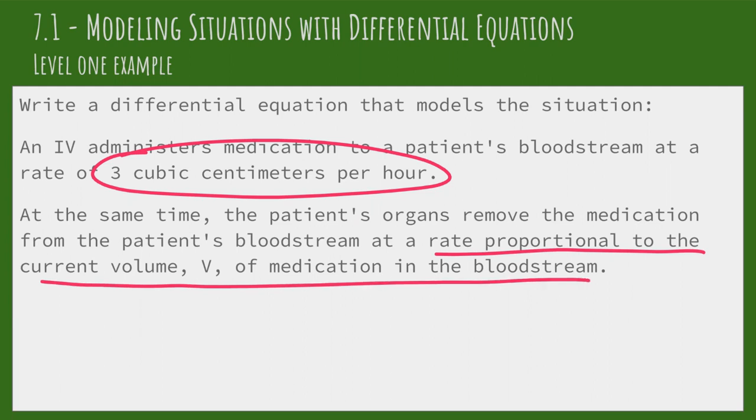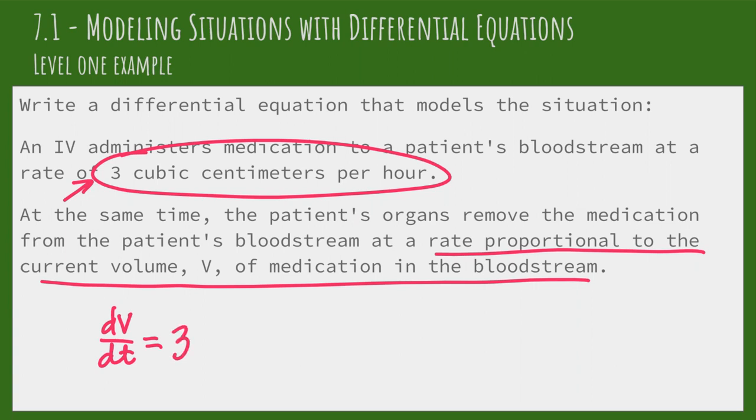So the rate of change of the amount of medicine in their bloodstream is actually going to be a difference of two things. So how fast the volume is changing is going to be dV/dt, and that's going to depend on two things. So one, we're just adding 3 cubic centimeters per hour.